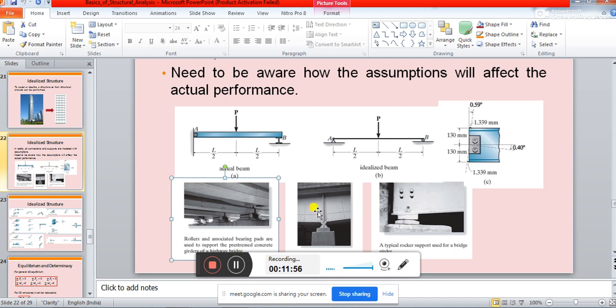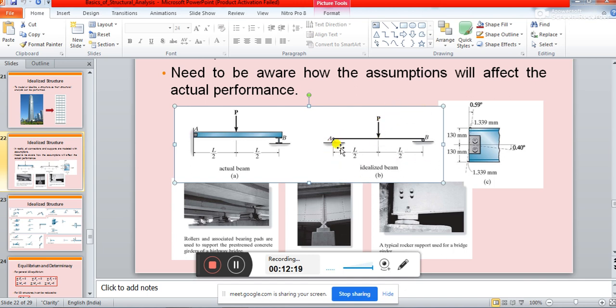Thus any bridge girder, that means the total bridge slab which is supported by these rollers and this pin support, will be idealized like this.